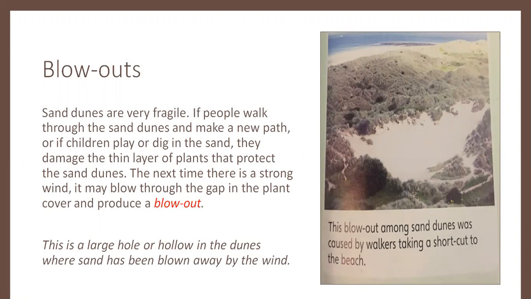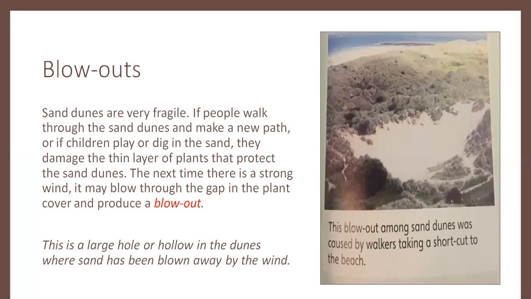Let me go through this one more time for you to understand. We already said that sand dunes are very fragile, which means they are very sensitive. When people walk through the sand dunes, they make a path, and you can clearly see the footsteps. If children are playing or digging in the sand, they damage the thin layer of plants, and this layer protects the sand dunes.